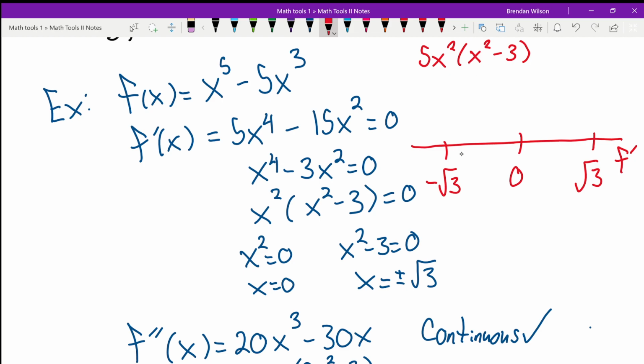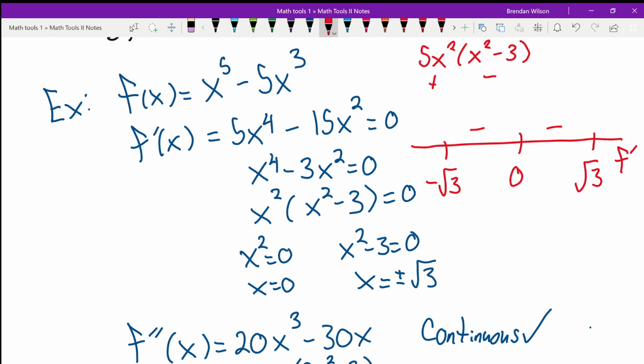So we only need to put in whatever number we want on both sides. So we can put in a 1, for example. So if we put in 1, this part is positive. This part is negative, so that's going to be negative. And if we put in negative 1, it's going to be the same thing because both of these are squared, right? So the sign's not actually going to change at all. So it's going to be negative on both sides there.